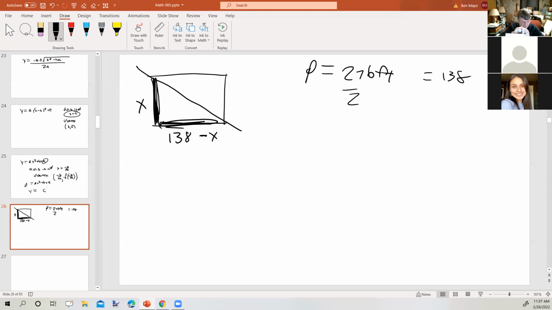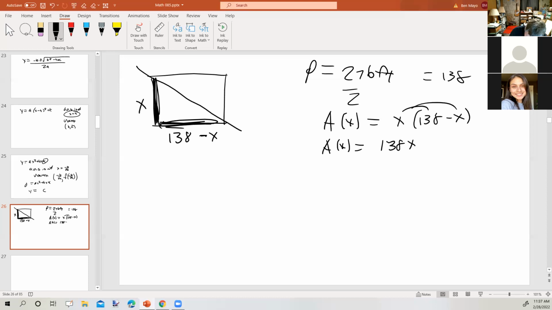Okay? Not X minus 138. That's the common mistake. So one side's X, one side's 138 minus X. Well, your total area is going to be X times 138 minus X, length times width. So then A of X equals 138X minus X squared.